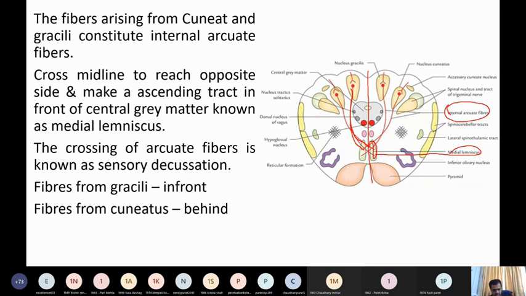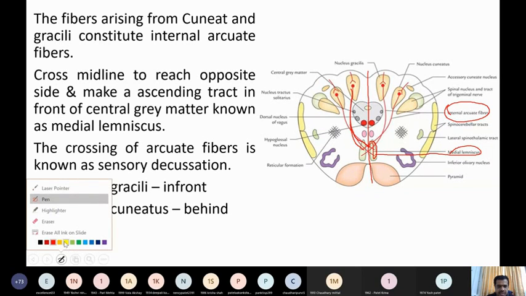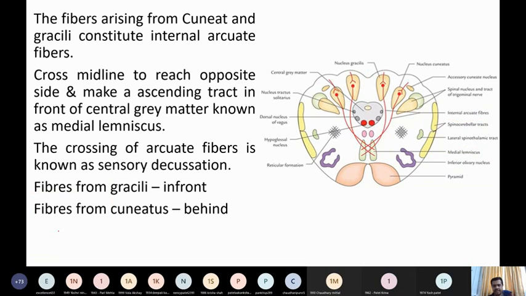It forms an ascending tract known as the medial lemniscus, and we saw that the internal arcuate fibers cross in the median plane. This crossing of the internal arcuate fibers is known as the sensory decussation.